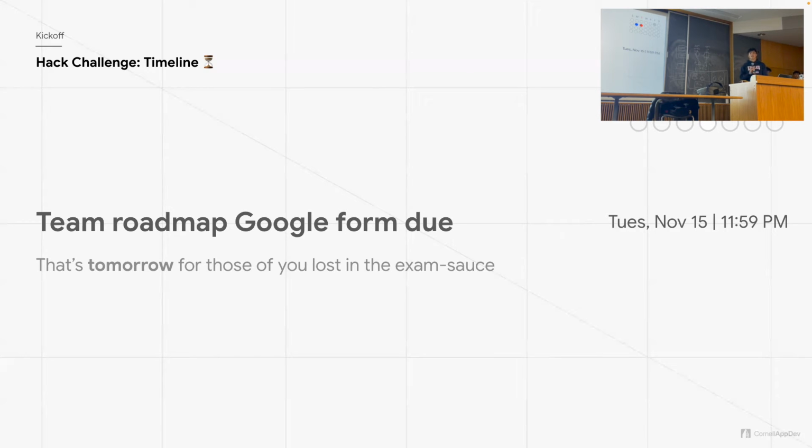This is linked in the Hack Challenge Ed post that I made earlier today. For backend students, it's also in the backend course calendar. It will just be a brief summary of what your team is expecting to do. It's kind of like a team contract on what the group project is going to be and what prize you're going to be shooting for. So that's what's going to be in the team roadmap form that's due tomorrow.